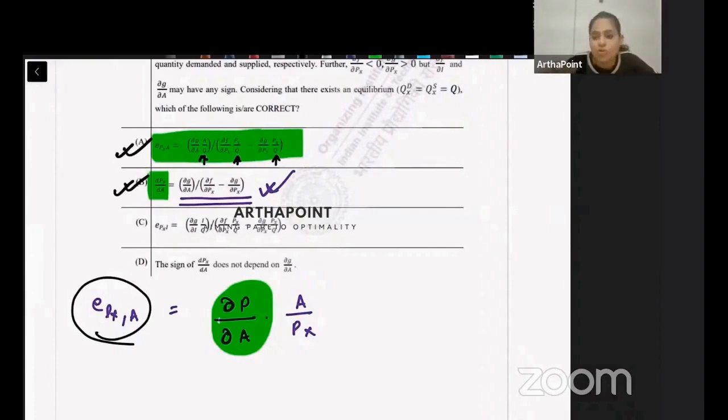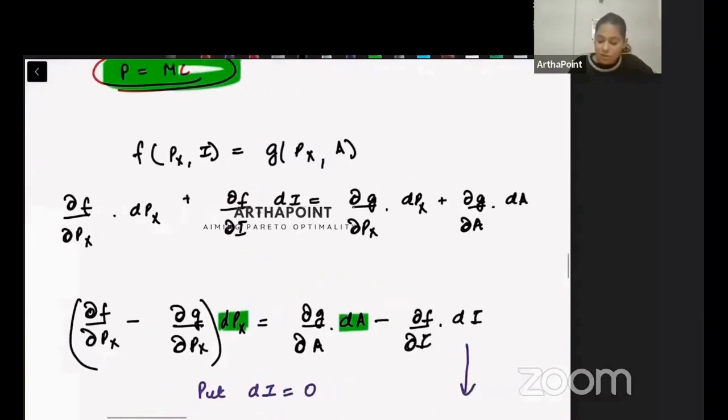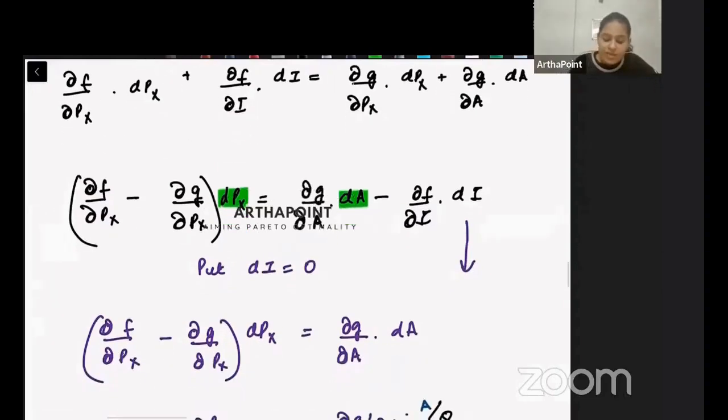Option C asks for the elasticity of P with respect to I. Let's look here once. If I go back to my total differentiation and I have to find the elasticity with respect to I, then I will put dA equal to 0 here.